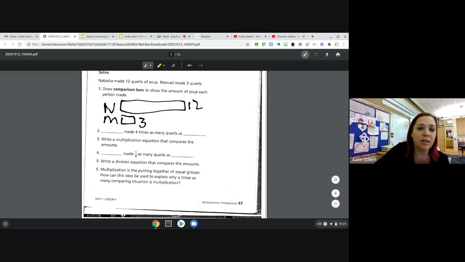Now, if we wanted to split 12 into groups of 3, 3, 6, 9, 12. So we know that Natasha had 4 groups of 3 and Manuel had 1 group of 3. So it says blank made 4 times as many quarts as blank.